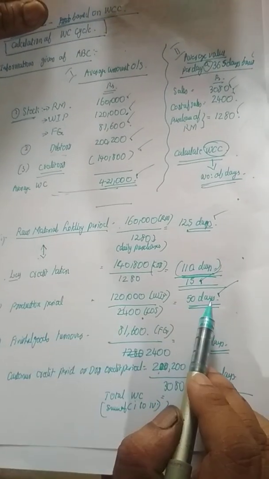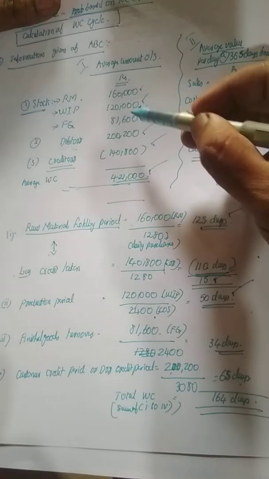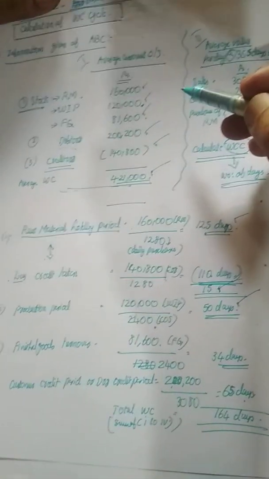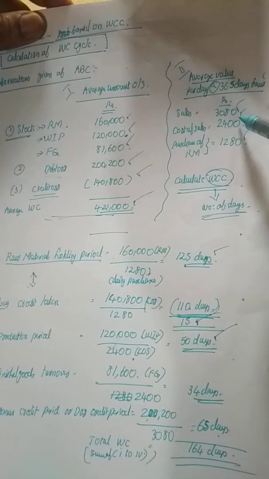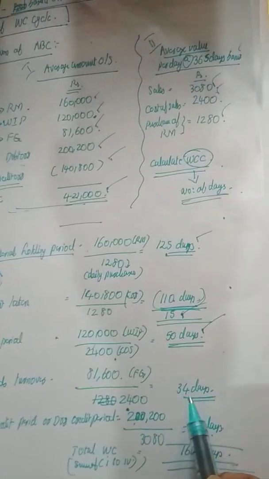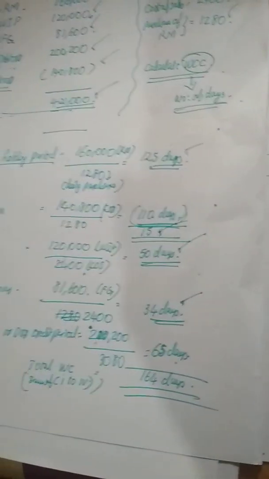So the second cycle we found out. Then finished goods turnover. Finished goods is 81,600 yearly, and finished goods is always calculated on the basis of cost of sales. So 81,600 divided by 2,400, we will get 34 days for finished goods turnover.